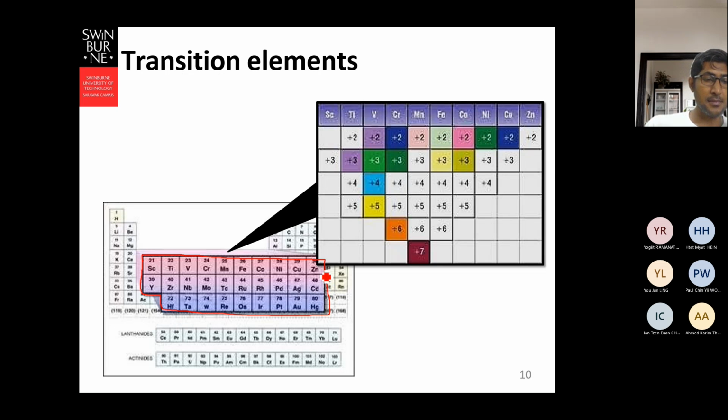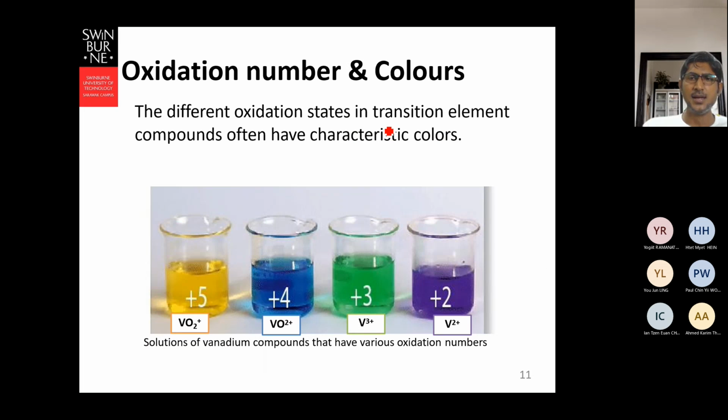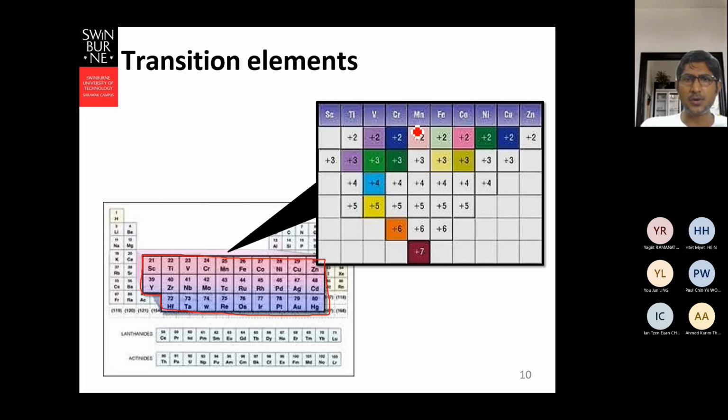Transition metals have variation in their oxidation states, and this variation helps make the materials different. One visual example is vanadium oxide. Vanadium has many different oxidation states: +2, +3, +4, +5.